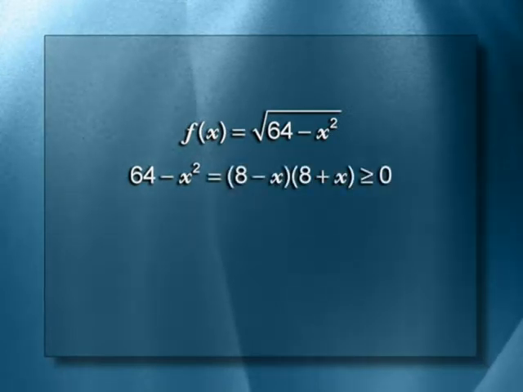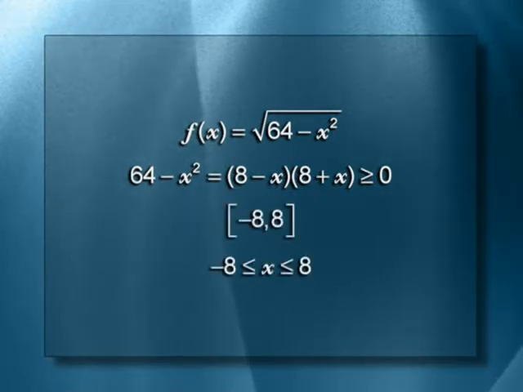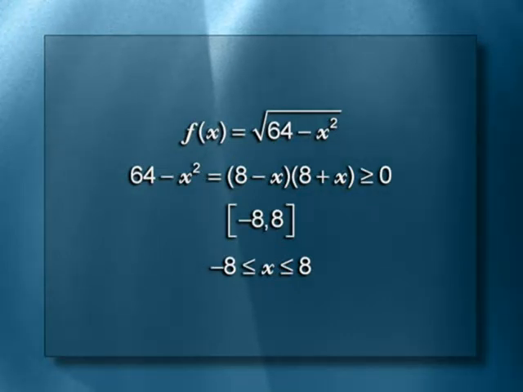If you do a little interval analysis like we did before, you'll discover that any number between minus 8 and 8 satisfies that inequality, including the endpoints, and anything outside does not. So the answer is x less than or equal to 8, greater than or equal to minus 8.